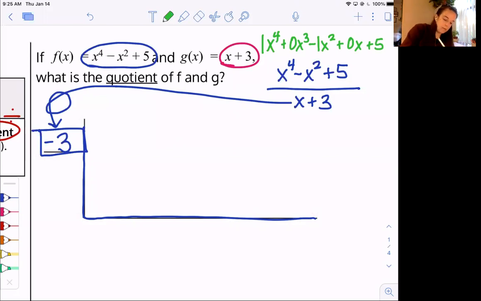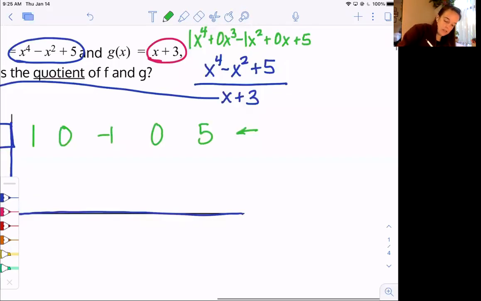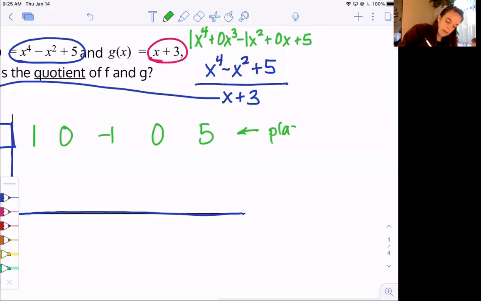So my x to the 4th would be 1, my x to the 3rd would be 0, my x squared is -1, my x's are 0, and my constant is 5. So I want to use these placeholders when it jumps a degree.